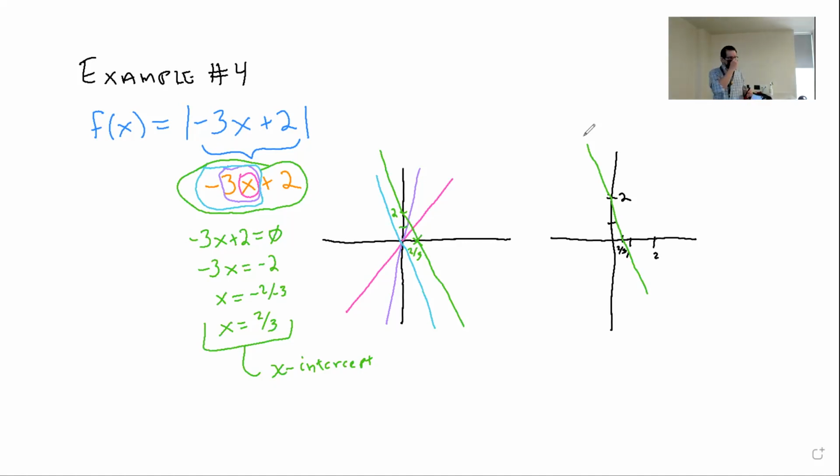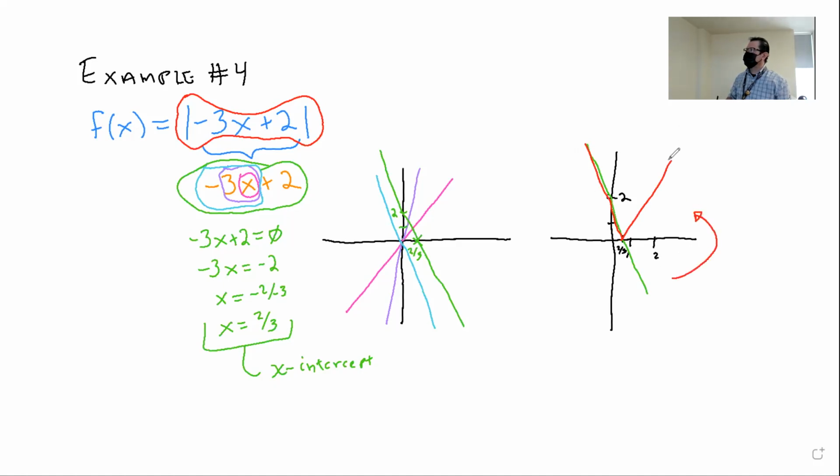So now what happens when I apply the absolute value? When I apply the absolute value, and I'm going to write that down in red, anything that is positive is going to stay positive, and anything that's negative is going to flip over to be positive. So this part of the line here is going to stay as it is, and this part that we had on the bottom is now going to flip over.